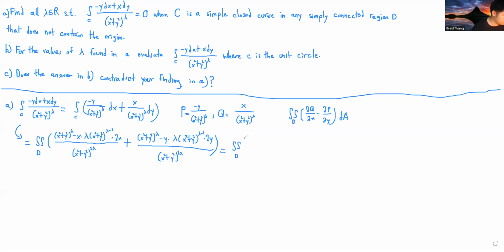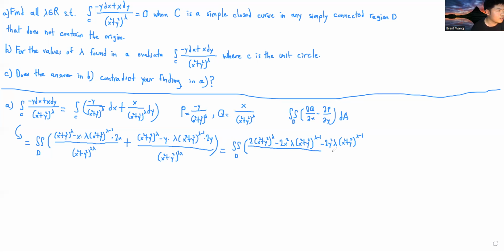Okay, so this will be equal to 2 times x squared plus y squared to the power of lambda, minus 2x, because x times 2x is 2x squared, so minus 2x squared lambda times x squared plus y squared to the lambda minus 1, and minus 2y squared lambda times x squared plus y squared to the power of lambda minus 1.